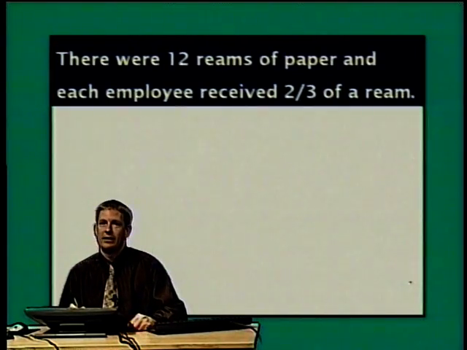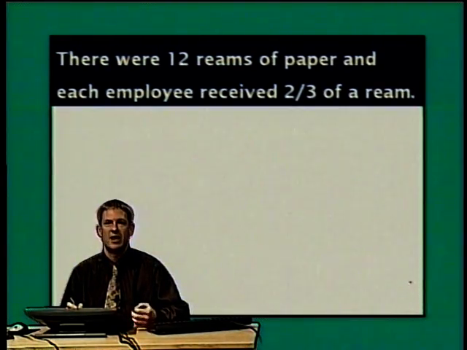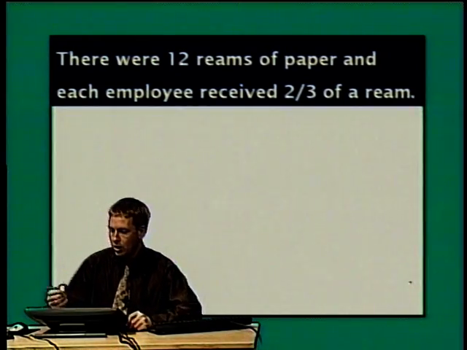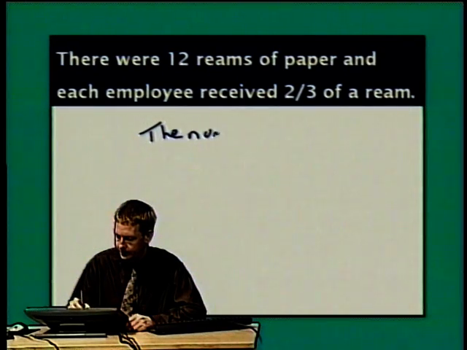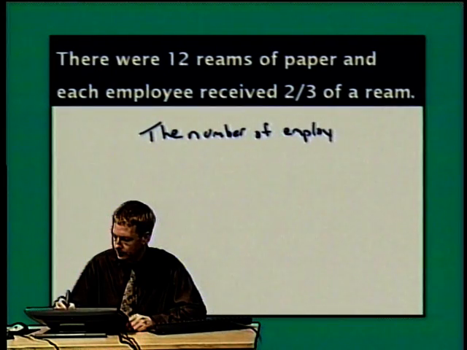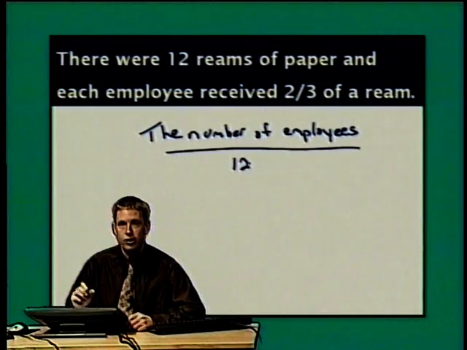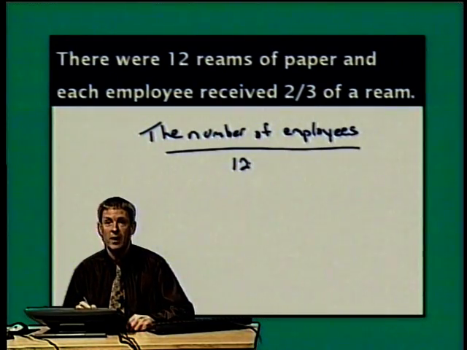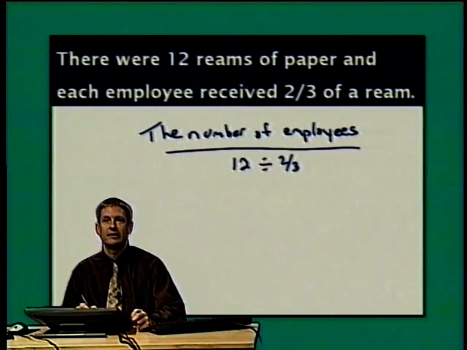Any way we looked at it, the way that we got our answer was we took the total number of reams and we divided by the number of reams received by each employee. So the number of employees is going to be our 12, which is the total number of reams of paper, divided by 2/3. That's the number of reams received by each employee.